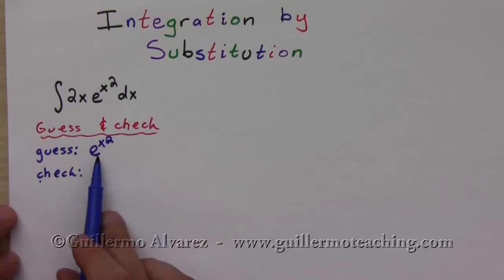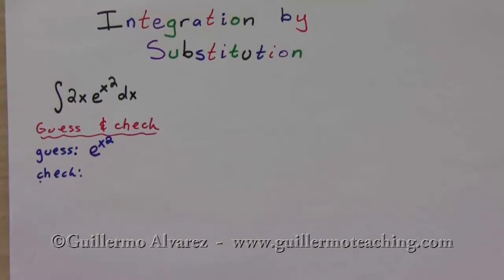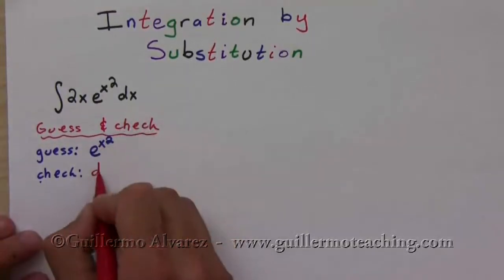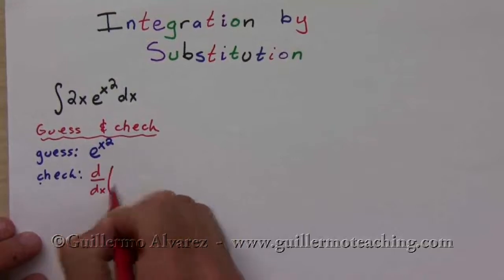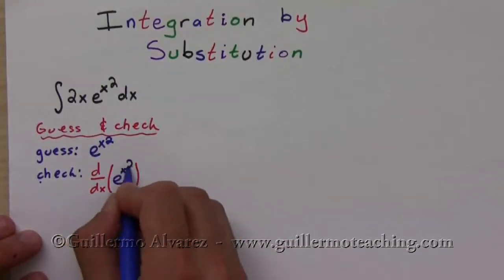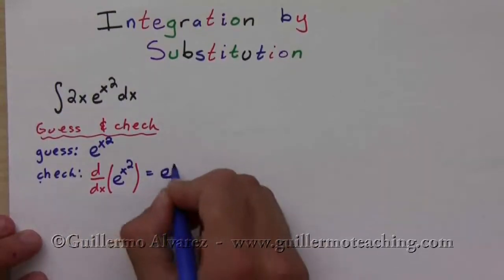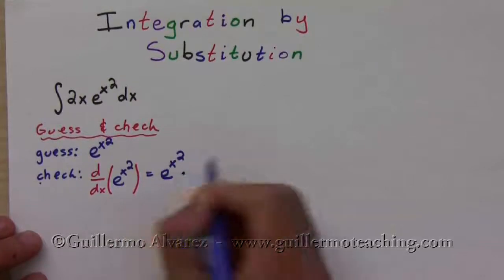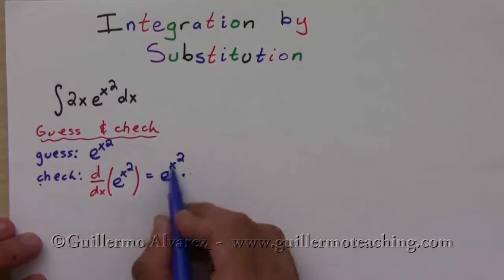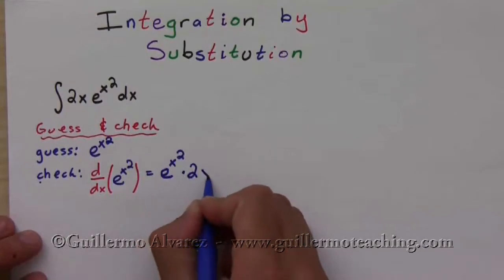The derivative with respect to x of e to the x squared is just equal to itself, e to the x squared, times the derivative of the inside, which is x squared, by the chain rule.